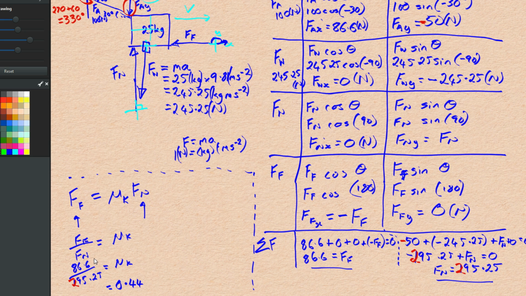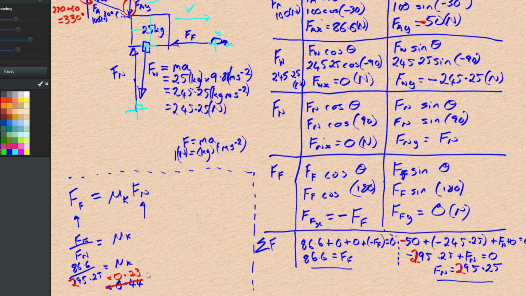295, and now I've got 86.6 divided by 295.25, which gives us 0.23.